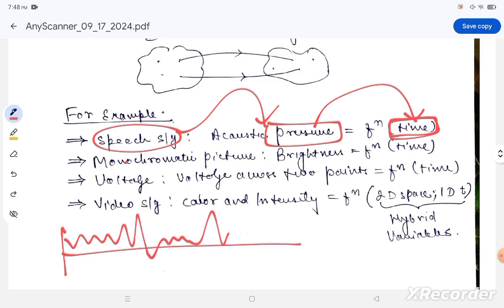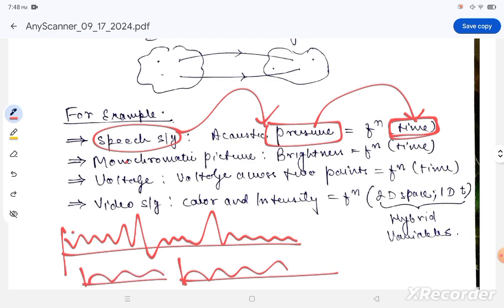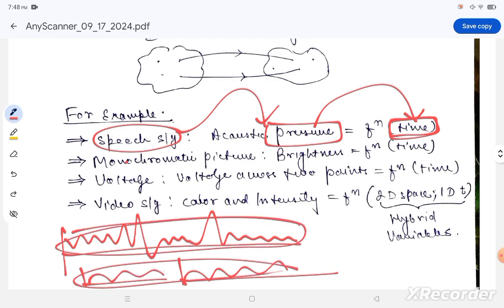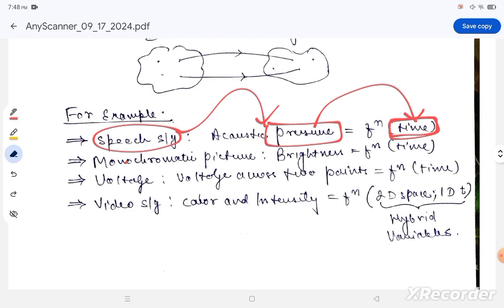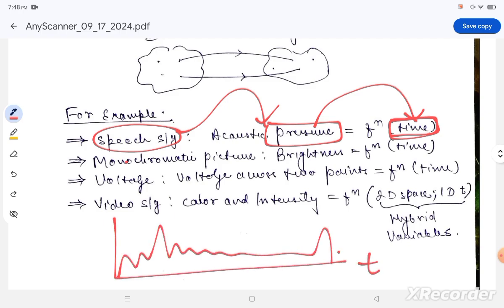You can say blood pressure also, or heart pressure. These signals must be familiar to you. These are pressures which have been recorded as a function of time. So this is the time axis and these are the various pressures: 2 pascal, 4 pascal, 6 pascal, as a function of time. So this is information.